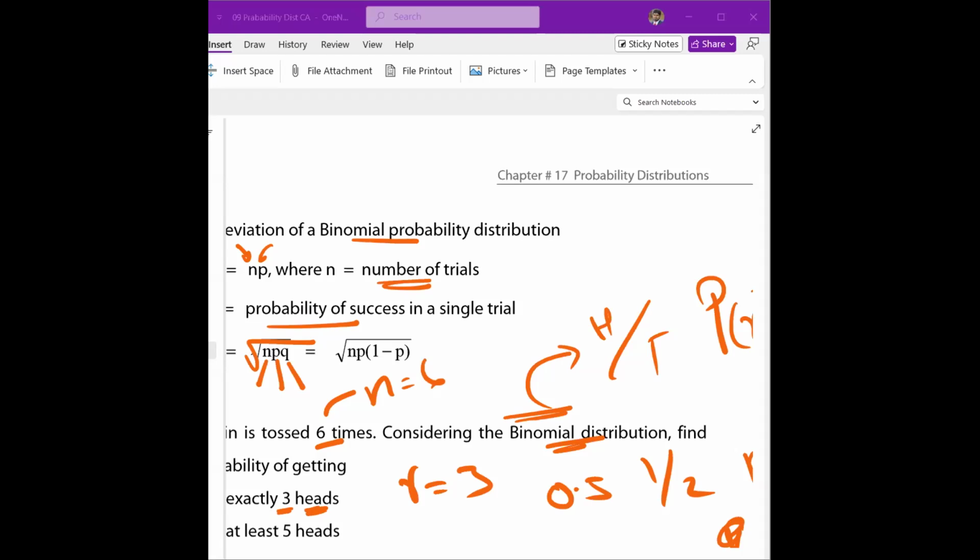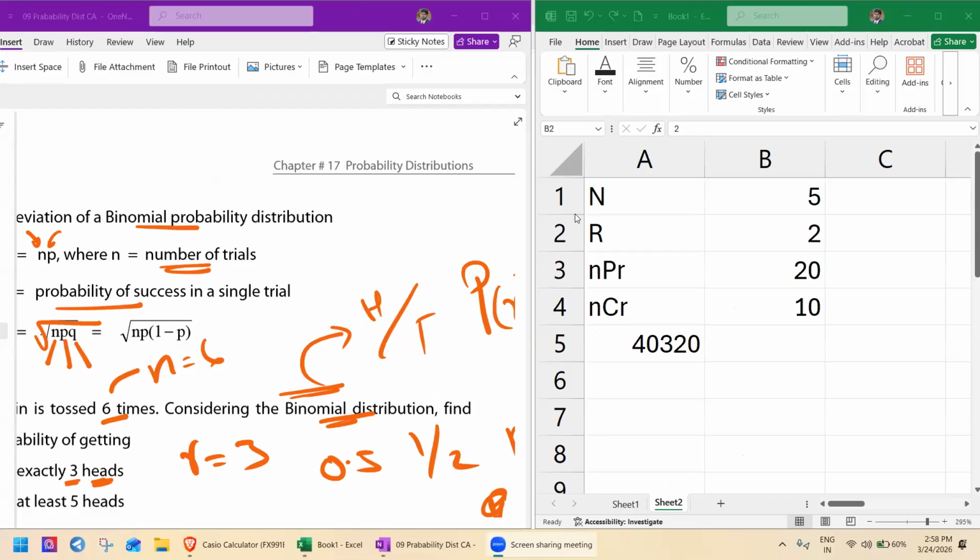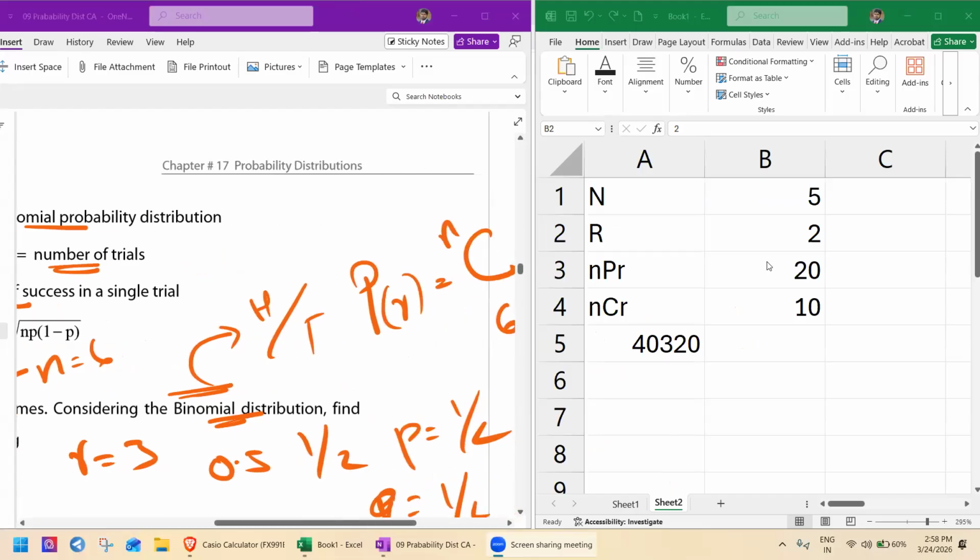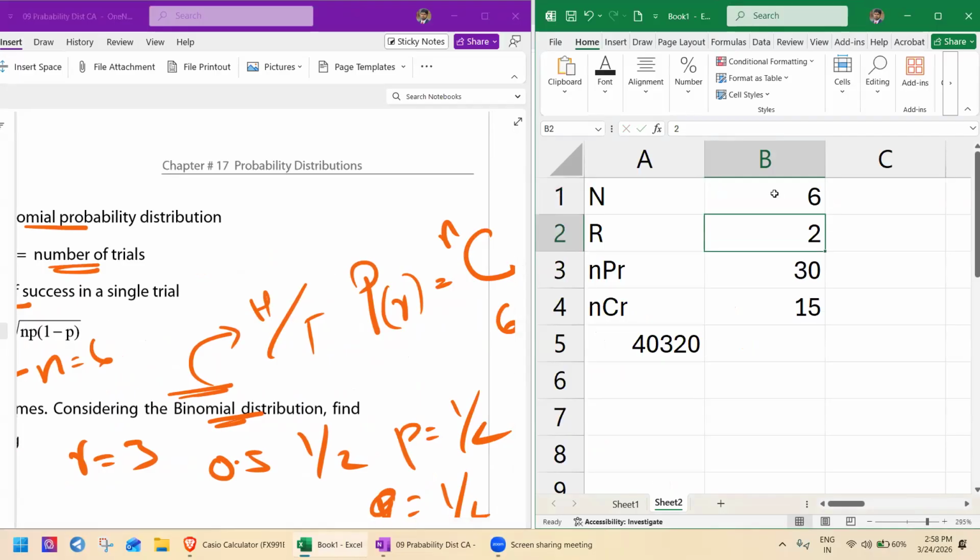Yes, I can do it in an Excel sheet. Here n equals 6, r equals 3, so nCr equals 20. So I can write the formulas.